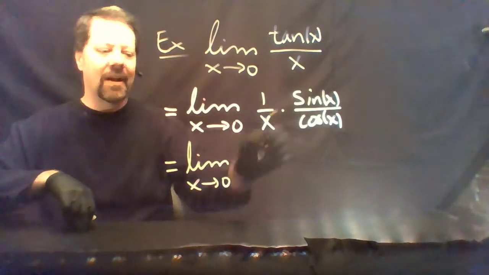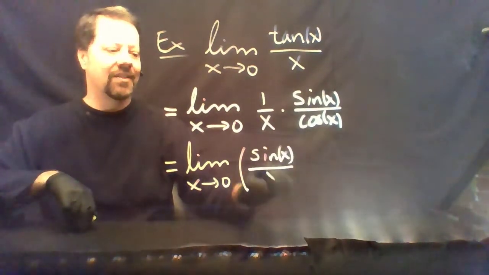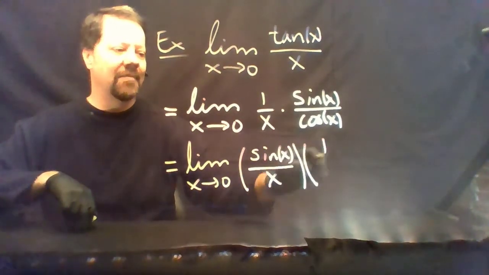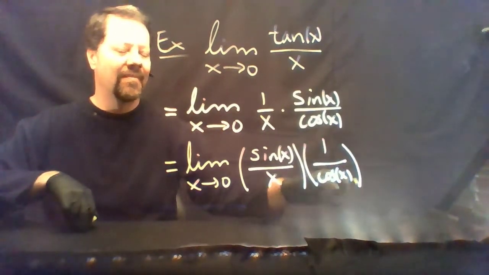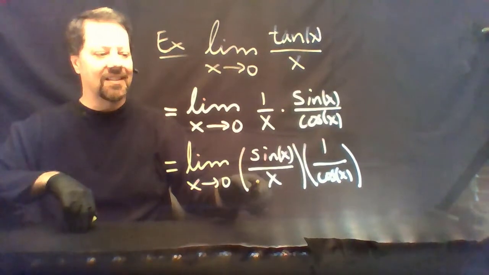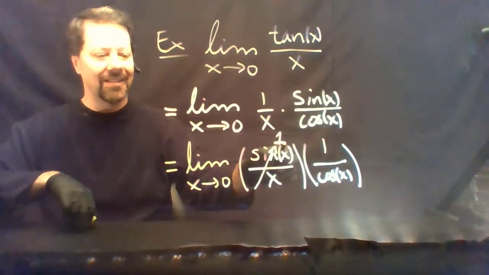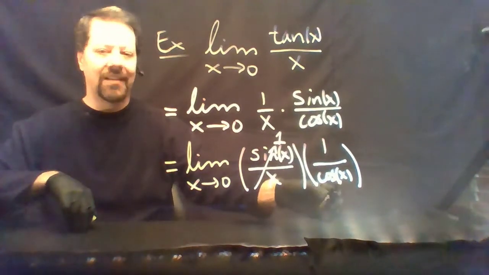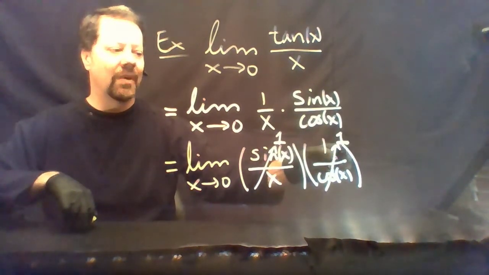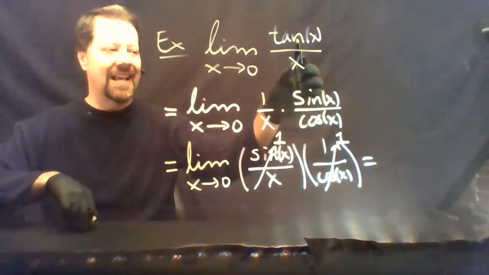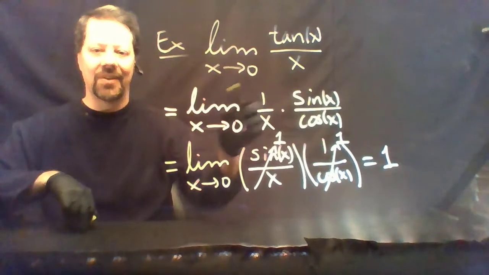We can rewrite this expression as sine x over x times 1 over the cosine of x. Now, sine x over x goes to 1 by a lot of hard work. Cosine of 0 is 1, so the second fraction also goes to 1. And hence, tangent x over x goes to 1 as x goes to 0.